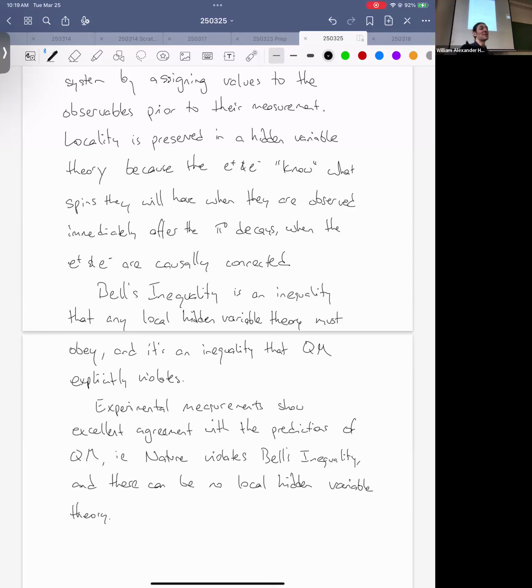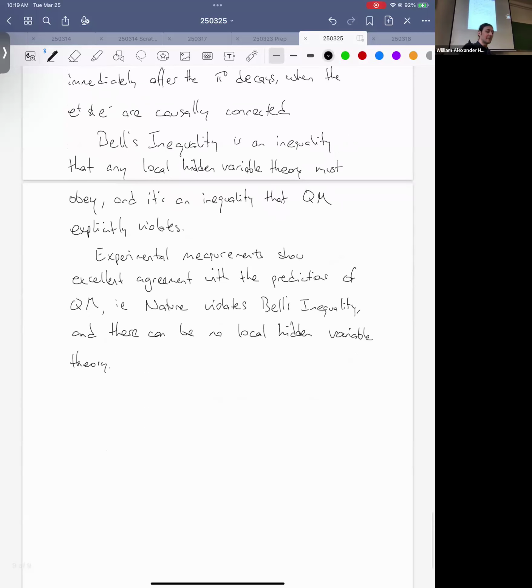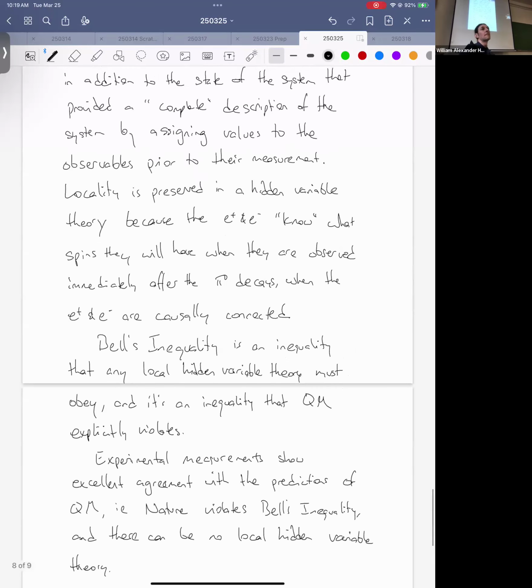Super sad that Bell died before he got the Nobel for this. It's incredible. Does time build variables or physical... No. Let's come back to that.